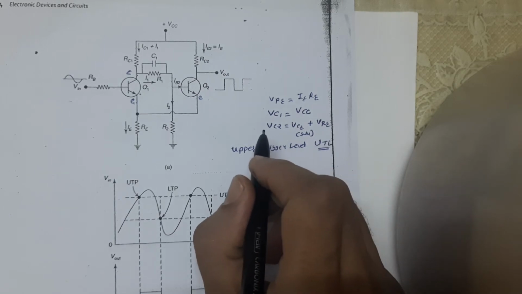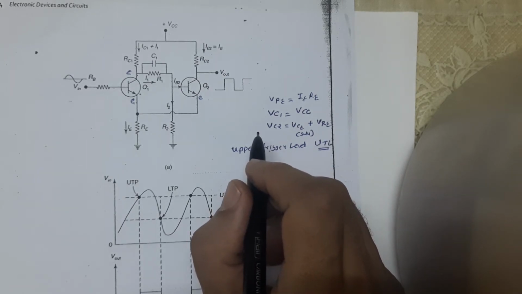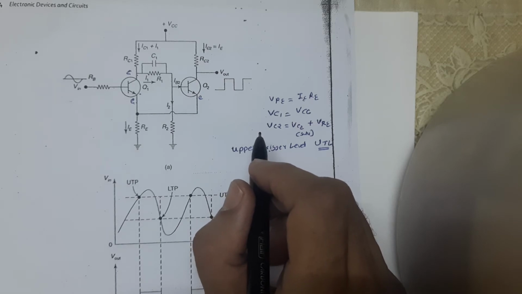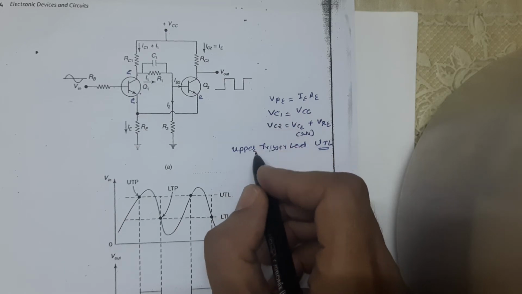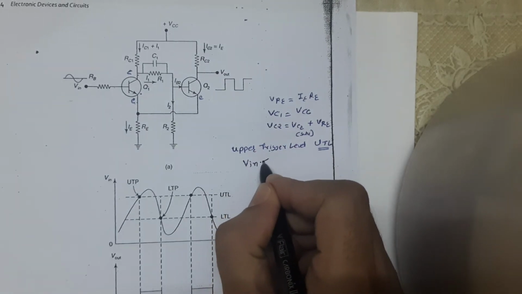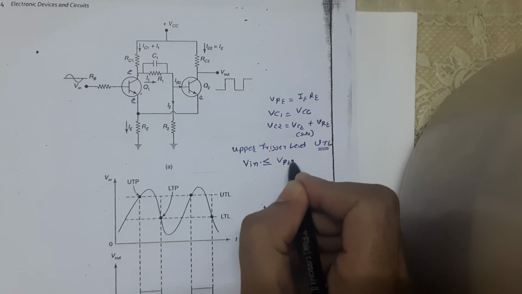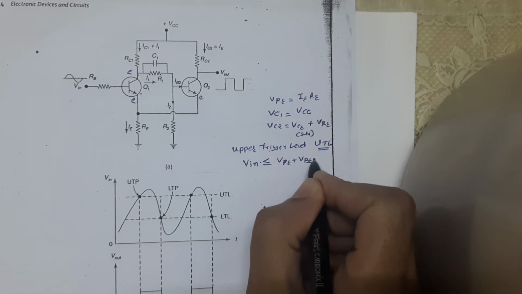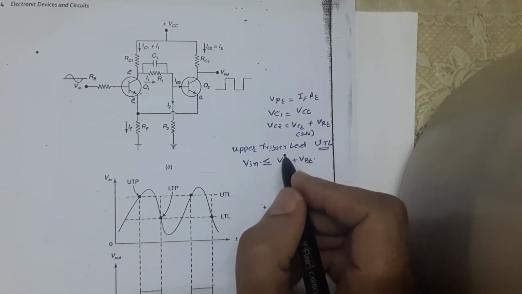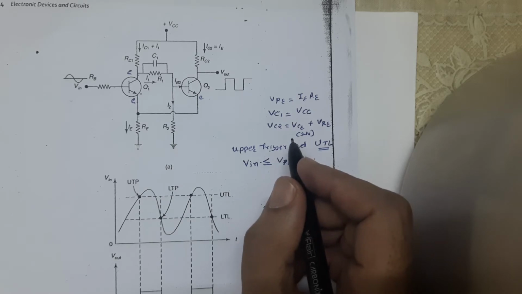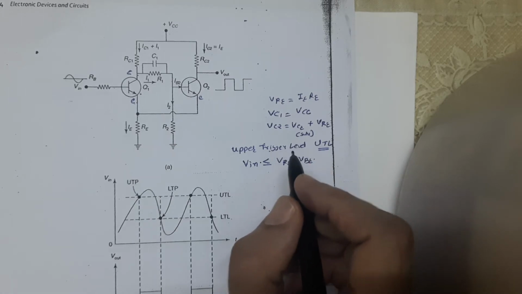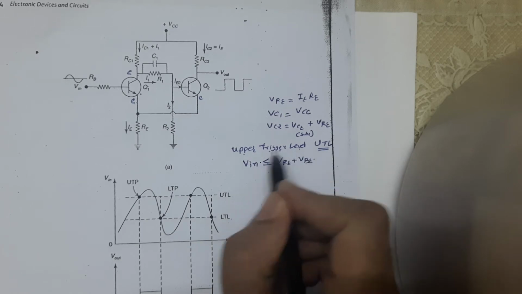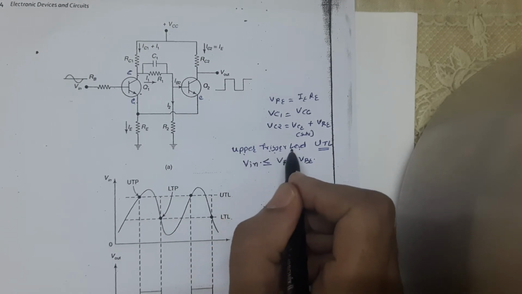As the input voltage increases above UTL, that is, Vin greater than or equal to VRE plus VBE1, Q1 conducts. The point at which Q1 starts conducting is known as the upper trigger point, UTP.